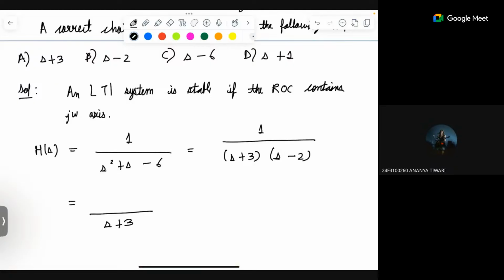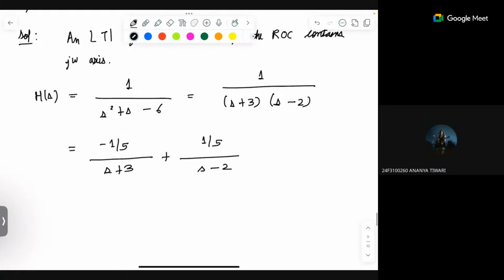Tell me the numerator for s plus 3 by the same method, as we discussed in the beginning of the class. Is it 1 by minus 5? Yes, minus 1 by 5. And for the other one? 1 by 5? Yes.